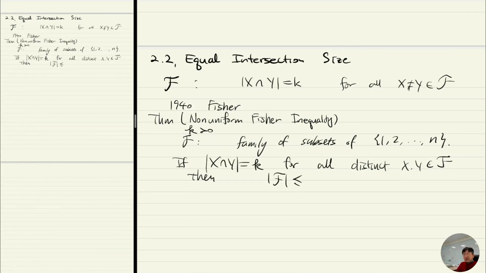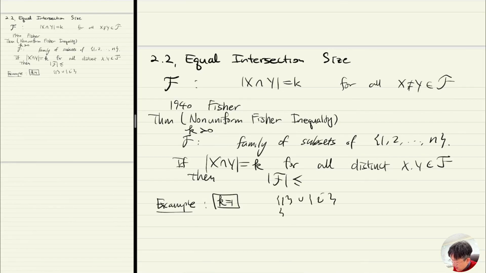Now let's try to guess what's going to be the best possible. How large can we make it? One example: when k is 1, I pick {1, i} for each i, and then just {1}.